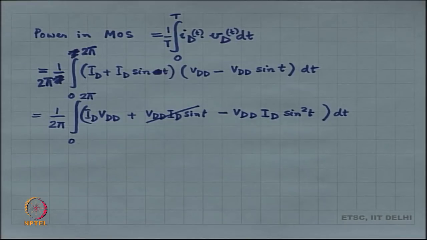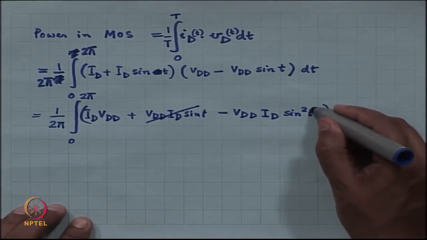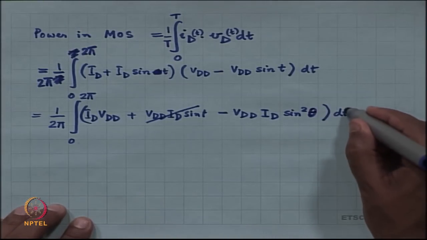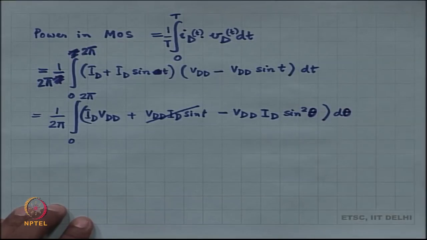And a lot of people do not like calling it t at all, they just call it theta. Instead of t, you can call it theta, and suddenly a lot of people will feel more comfortable. Somehow sin theta is more comfortable than sin t.